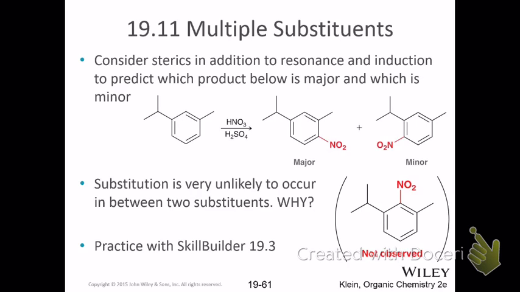The blocking group could be either ortho-para-directing or meta-directing. Which one would you choose? What's that? Meta, right? Because if you make this a meta-directing group, it directs it to this position and not to here. Okay?